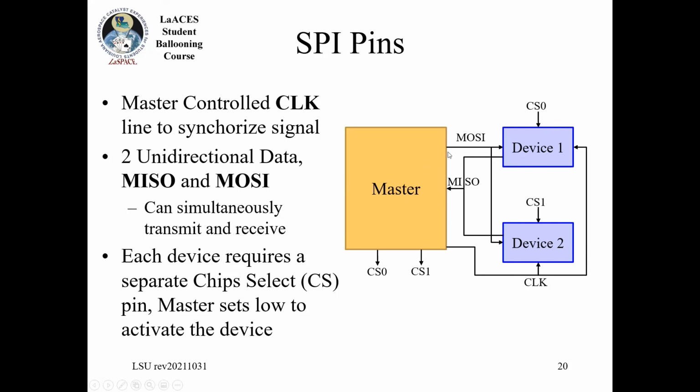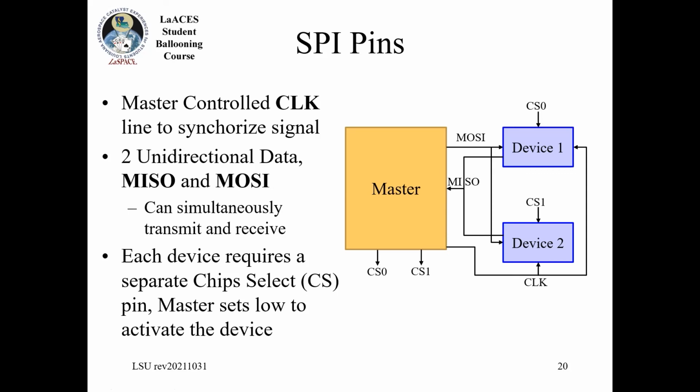I have one line that goes from the master to the devices. It's called the MOSI line, and it stands for master output, slave input. MISO is the reverse, master input, slave output. And because of this, you can basically send data both ways at the same time.